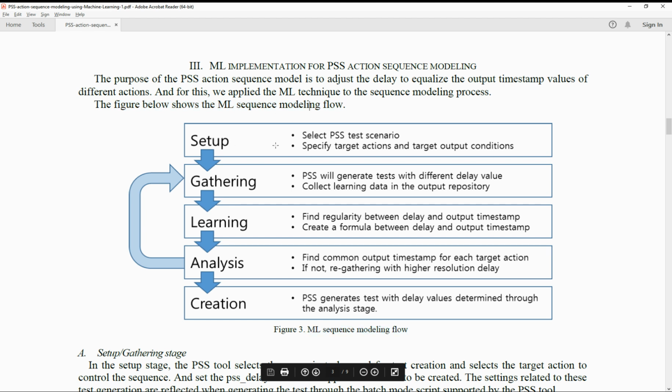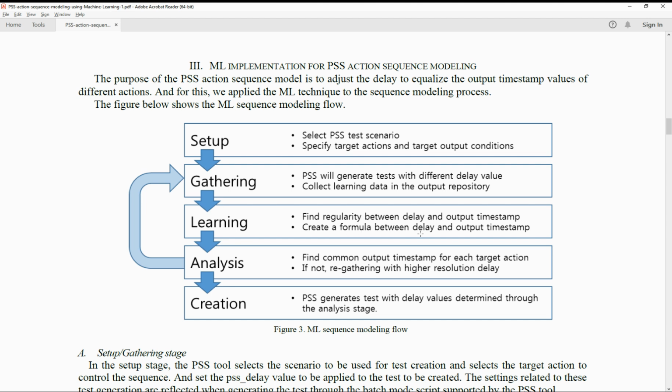Setup: select the PSS test scenario, specify target actions and target output conditions. Gathering: PSS will generate tests with different delay values. Collect learning data in the output repository. Learning: find regularity between delay and output timestamp.